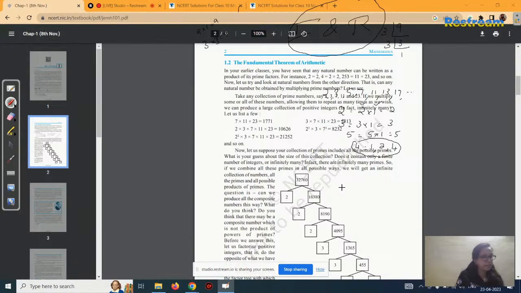Very good question. 0 we can include in the even number set, because if any number has 0, 2, 4, 6 or 8 in the units place, it is even.